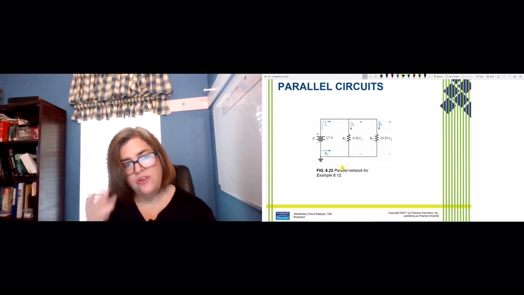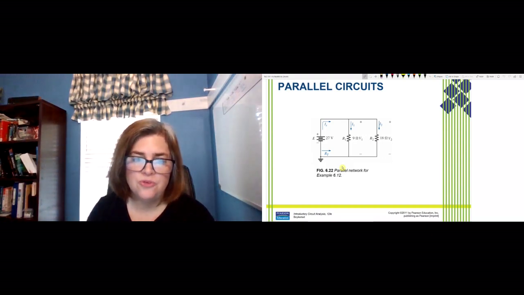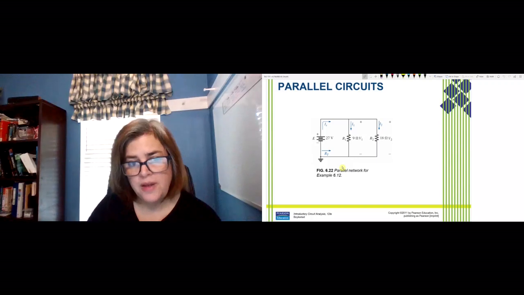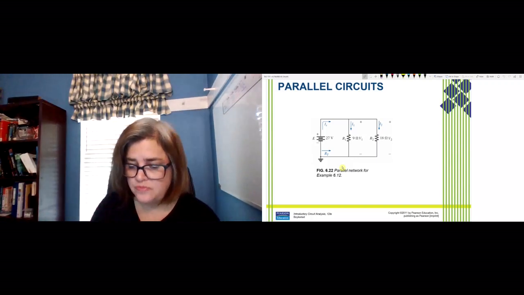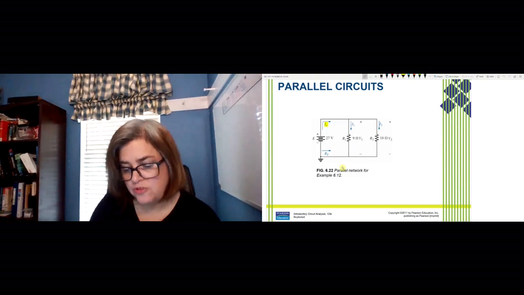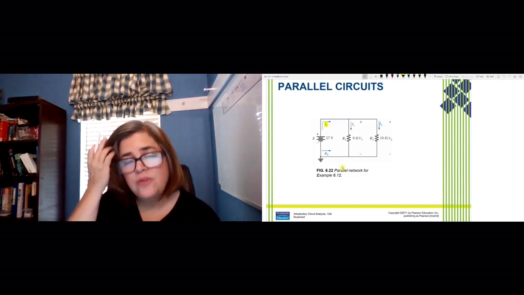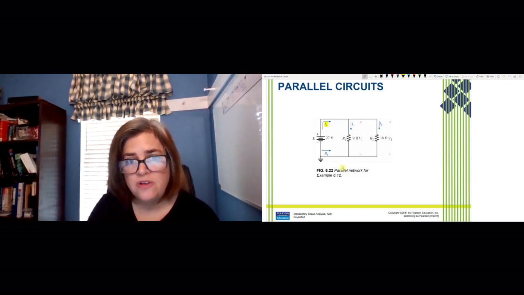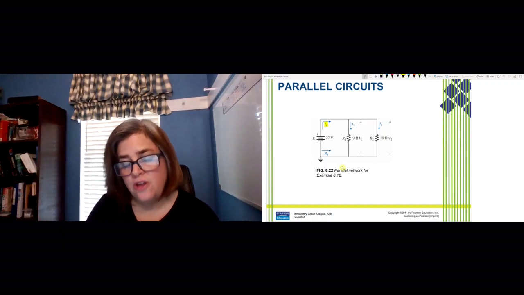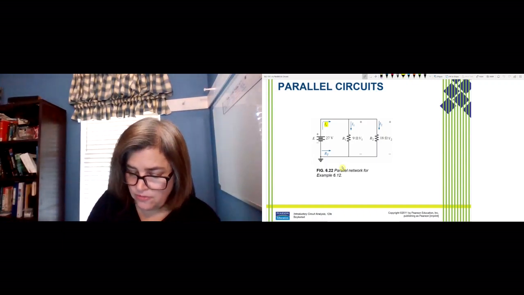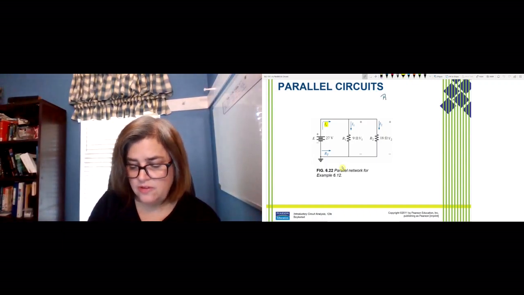Okay, so I've got a 27 volt source in parallel with my 9 and my 18. So how do we determine what current we're pulling from our source? Really, very similarly to what we did for our series circuits, we're going to do the same for our parallel circuits. We're going to first find our total resistance.